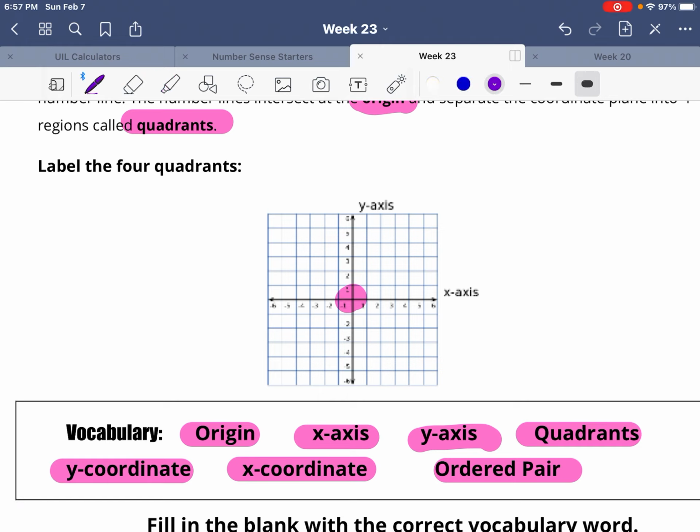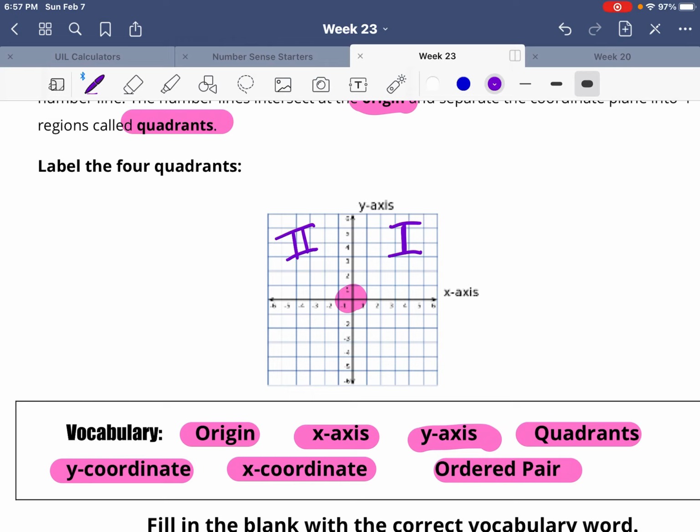The quadrants are always labeled, or should always be labeled, with Roman numerals. The Roman numerals are I for quadrant I. That's the area where the graph is all positive, and you've probably seen that type of graph before. Then it goes counterclockwise to II. Here, that's where the x-coordinates are negative and the y-coordinates are positive.